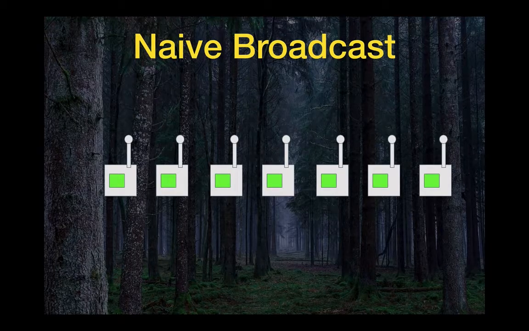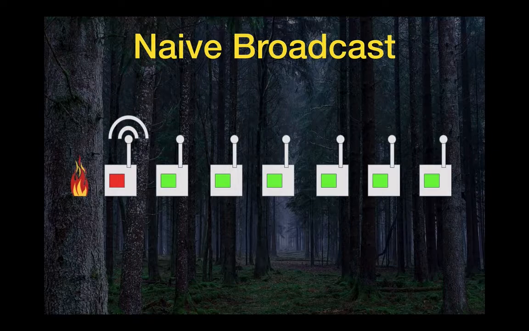Okay, let's start with a toy example. Say I want to send a message from one node in my network to all the other nodes in the network. And suppose my radio transmitters are not strong enough to send more than one unit away in this network.